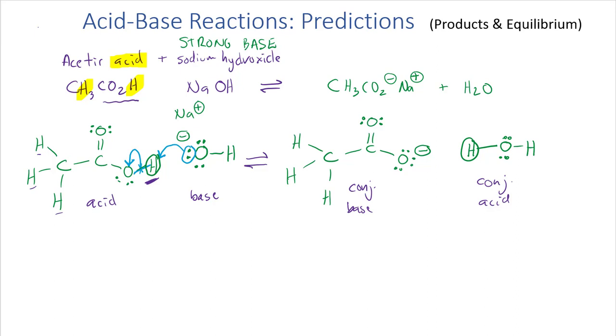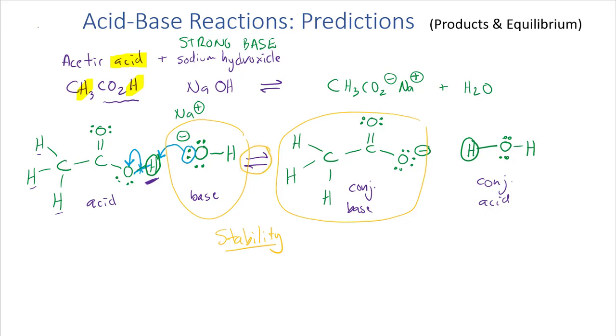And what we want to do is look at 2 species that are going to be reasonable to compare. And in this case, the best comparison is going to be between the base and the conjugate base. And we're going to think about the stability of those. And remember, we're doing this to think about the equilibrium.